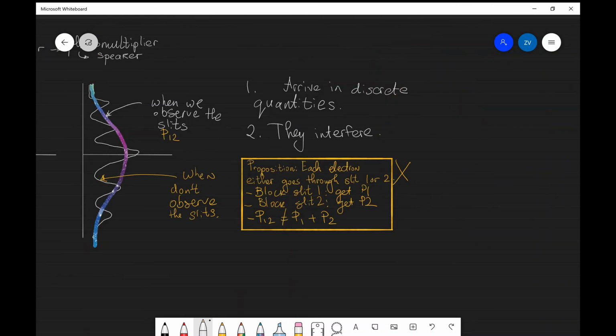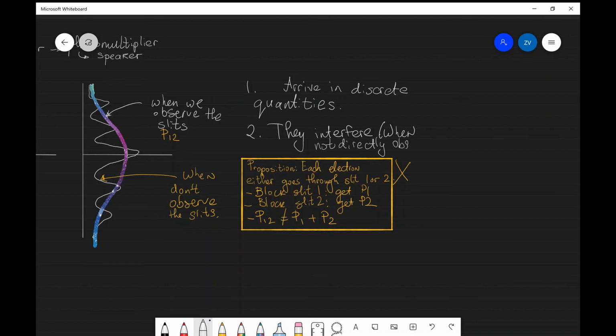So let's just quickly summarize the very strange behavior of electrons. Number one, they arrive in discrete quantities in exactly the same way that particles do. Number two, they interfere. However, I'm just going to add that they seem to interfere when not observed, which is very bizarre.